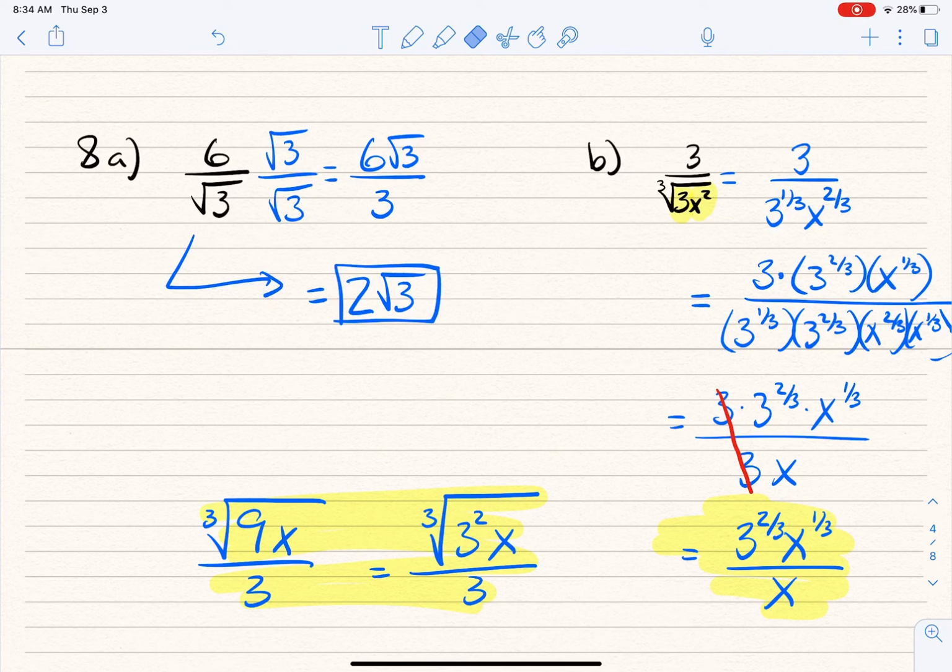That was wrong. That was supposed to have an x on the bottom. Sorry. Hopefully I'm catching all the mistakes I'm making and you guys aren't yelling at the screen going, wait, you made another mistake here. So any one of these three answers is completely acceptable. You could have left it like this, or like this, or like this. It's okay. All right, moving on.